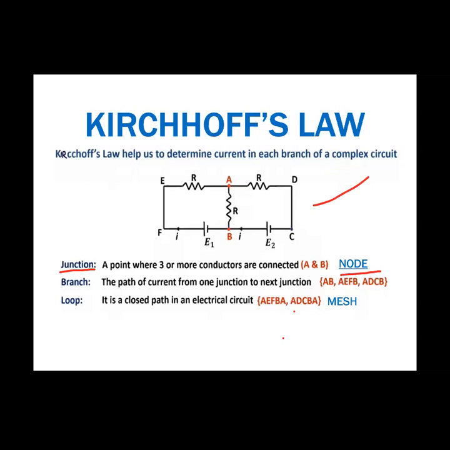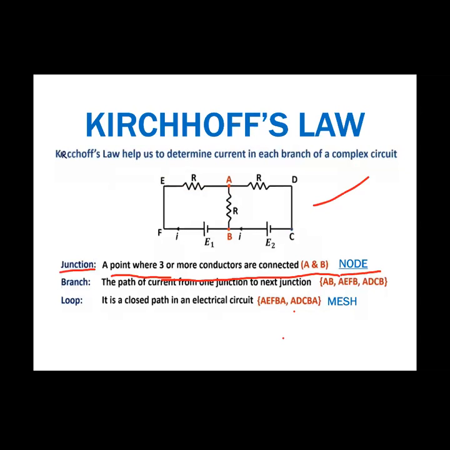Let's see what is a junction or node. A junction is a point where three or more than three conductors are connected. So children, if you see this point E, at this point this element is connected, and from here this wire is connected. So at point E, we can see only two connections. So E is not a junction.